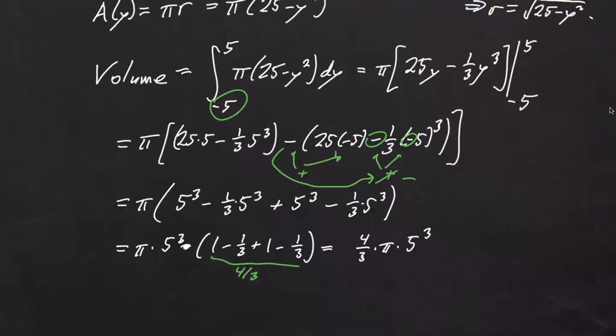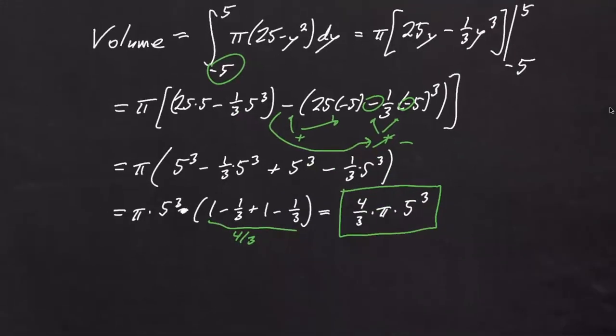If you've ever seen this formula, it turns out that this is the general formula. The general formula for the volume of a sphere of radius R is 4/3 pi R cubed. And let me use capital R, because I don't want to use the same little r that I used there.